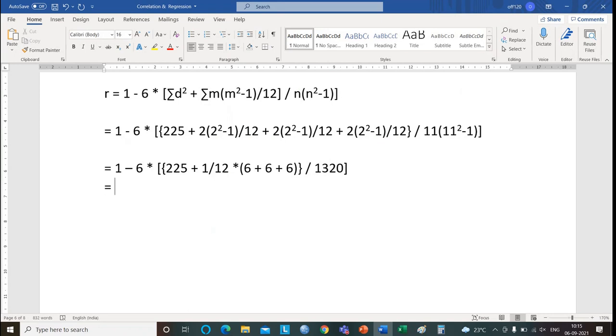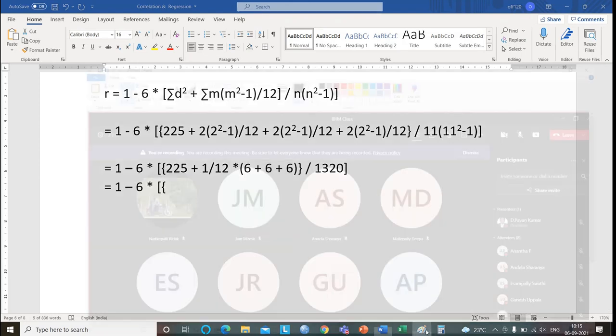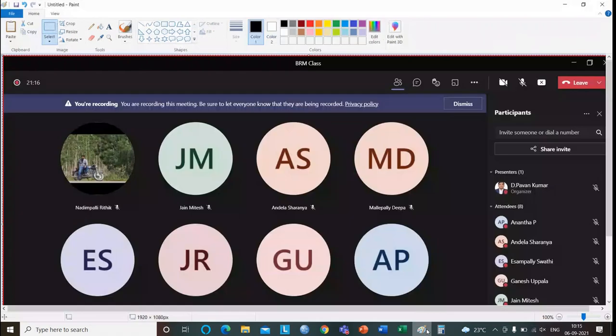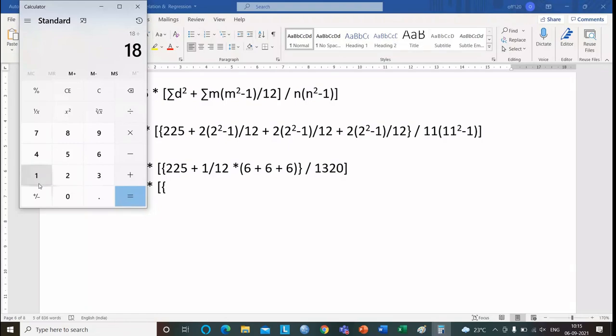Now let us find out this answer. 1 minus 6 into, now 6 plus 6 plus 6 is 18. 18 divided by 12, we get 1.5.